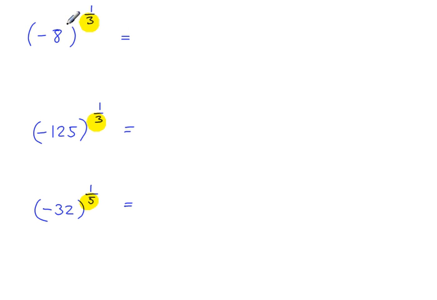The cube root of minus 8 is minus 2. The cube root of minus 125 is minus 5. So this one also works. This has a base of minus 32 raised to the power of 1/5. So that will give you minus 2. So all of these work when you have an odd number in the denominator.